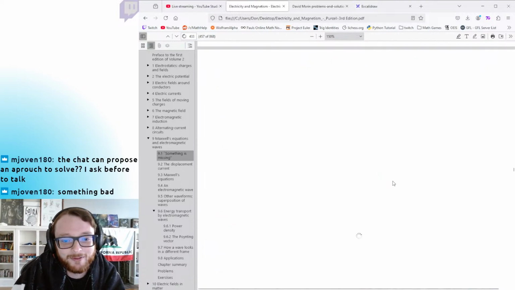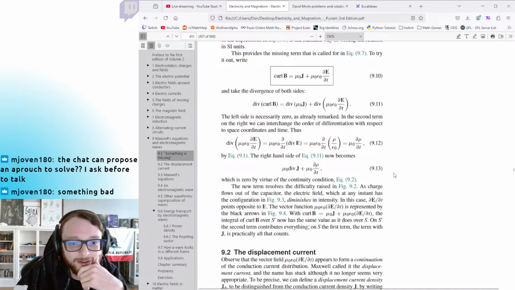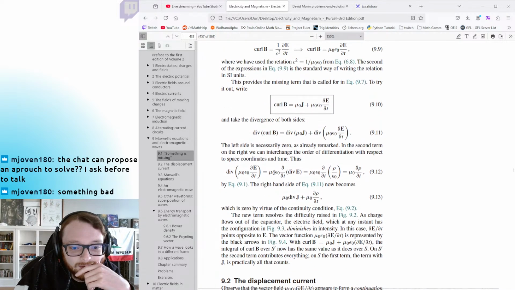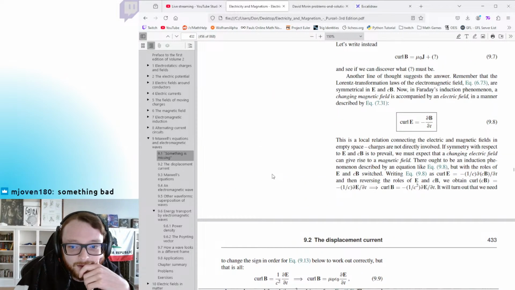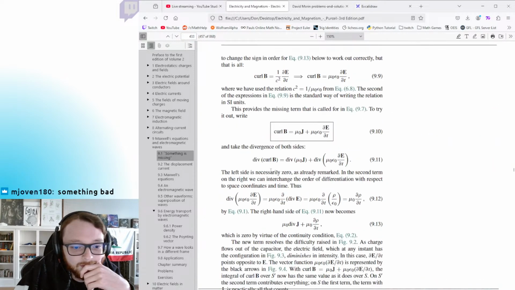I'm kind of wondering how to take the divergence of each side of that equation they provide, and I think they do that as part of their discussion. Or maybe not.